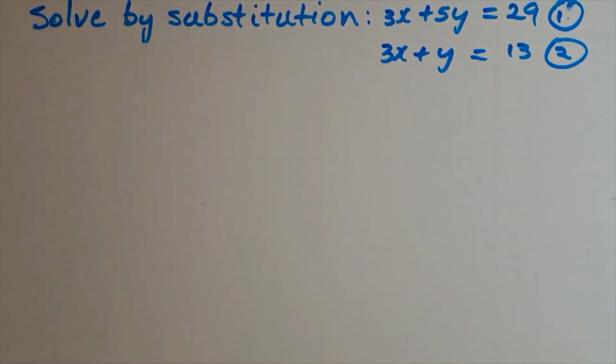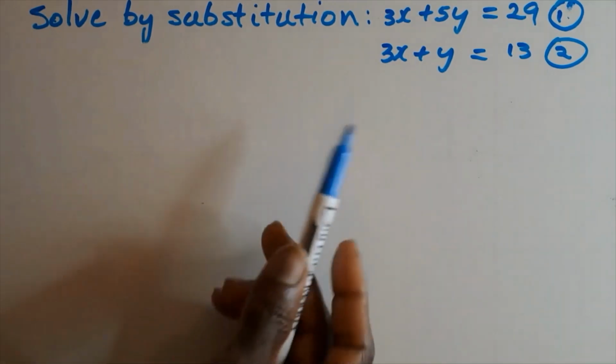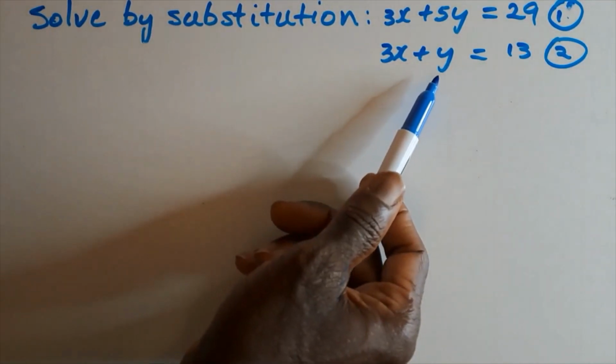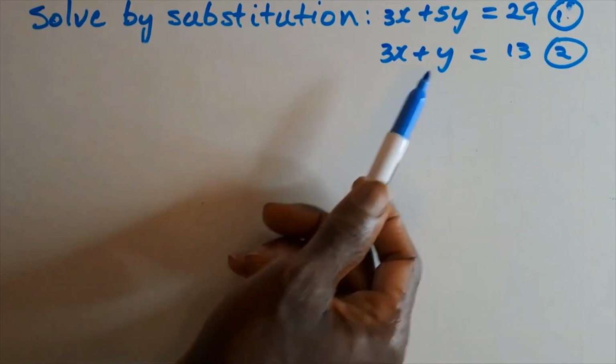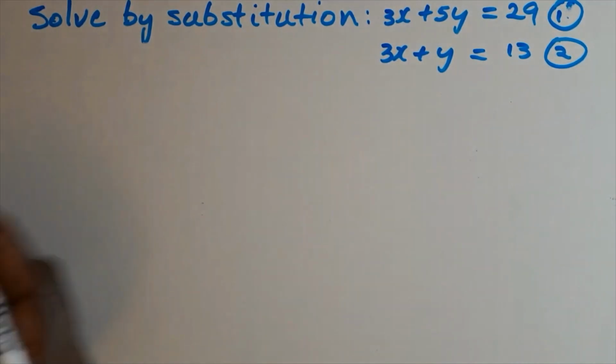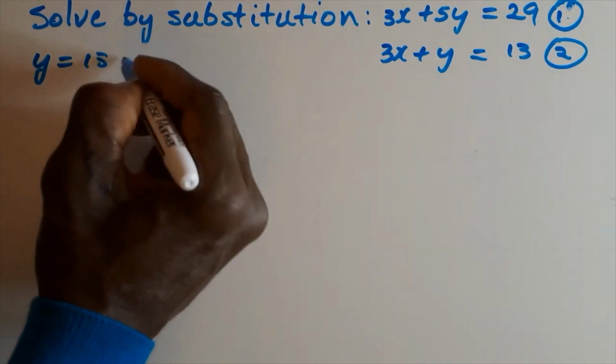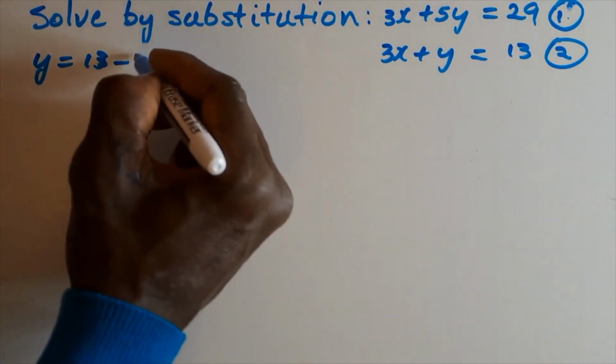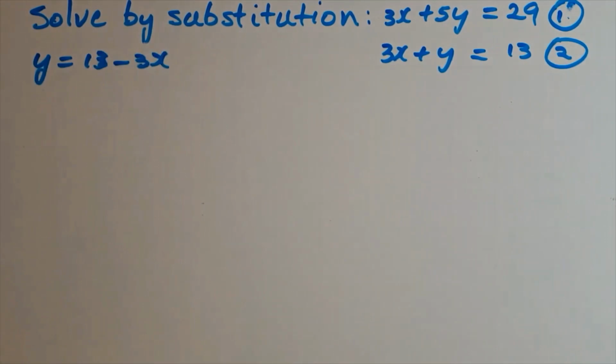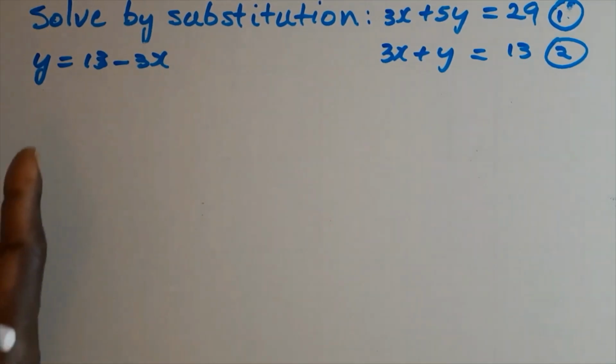Here we have an easy option to choose y as our subject of equation 2. So we can say that y is equal to 13 - 3x. We could have used x, but it's just a bit more of a calculation.